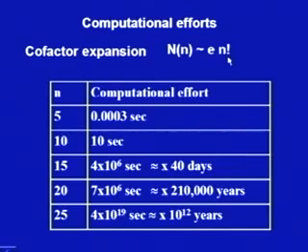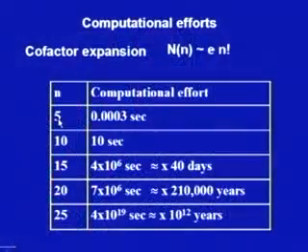This factorial n is coming because we have seen that for a determinant there are factorial n products possible. They have to be multiplied, they have to be added and subtracted. So the computational effort employed will be of the order of factorial n.